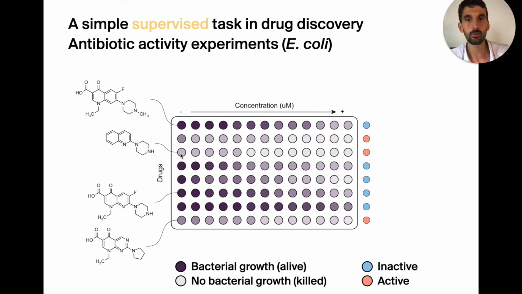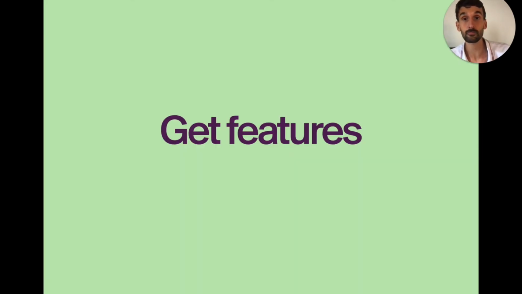A molecule that inhibits the growth of the bacteria is potentially a good antimicrobial candidate, and we label it as active, right? Whites will be labeled as actives, purples will be labeled as inactive because they don't inhibit the growth of the bacteria.